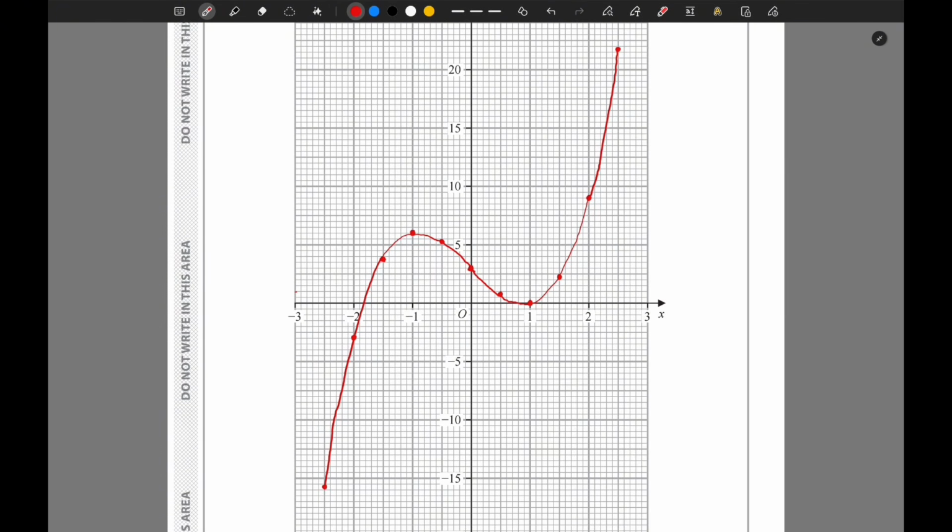So y is equal to 1 is in this part. So y is greater than 1. Which region represents the value of y as greater than 1? First of all, I can say that it's this region and this region.